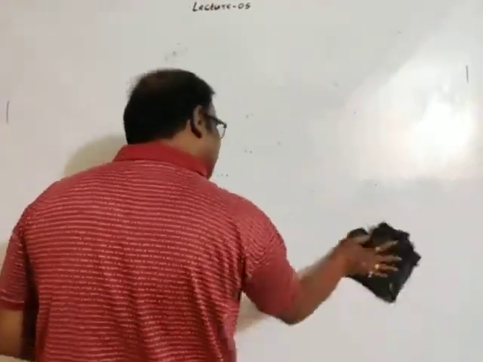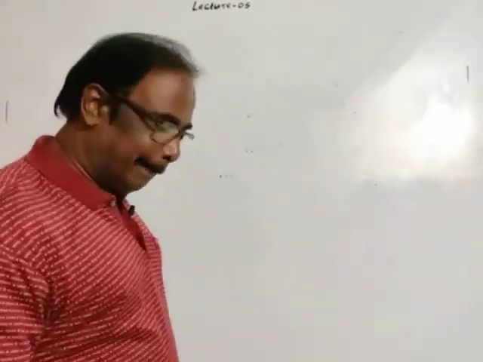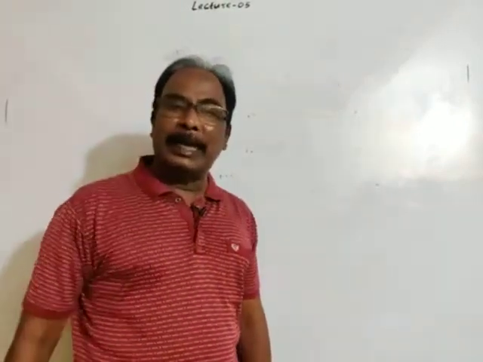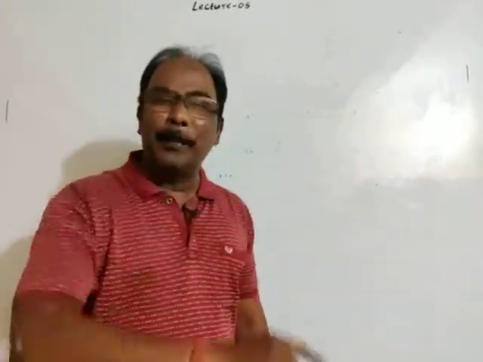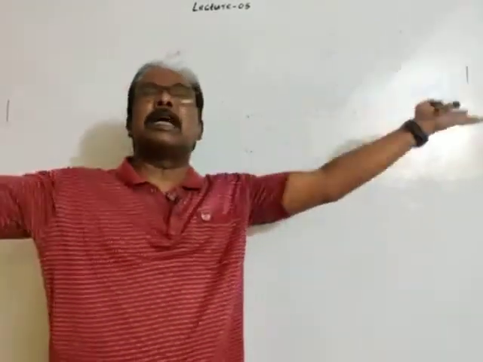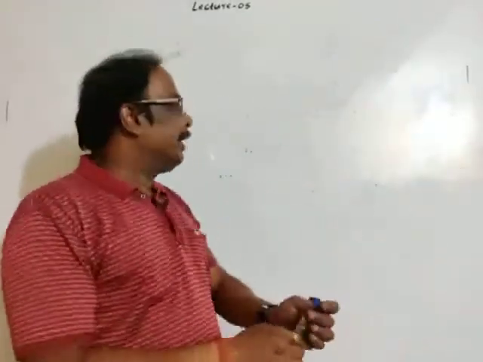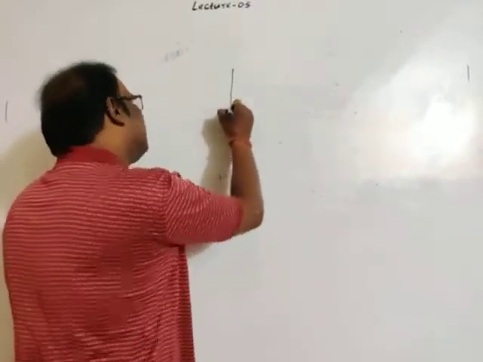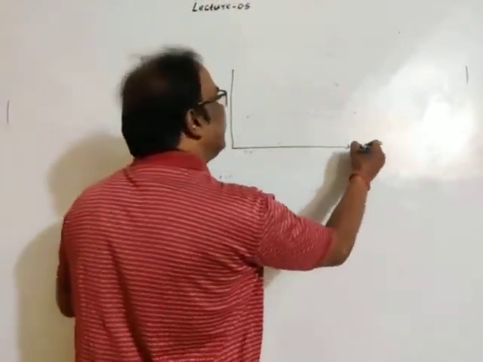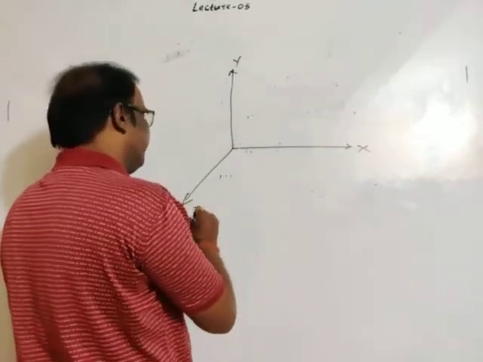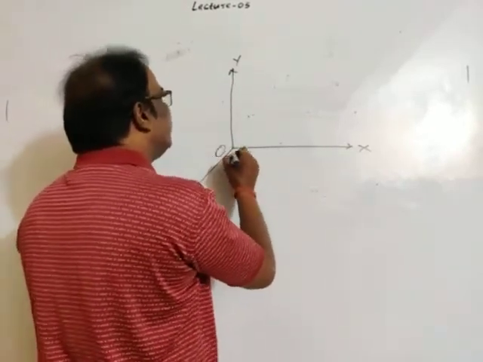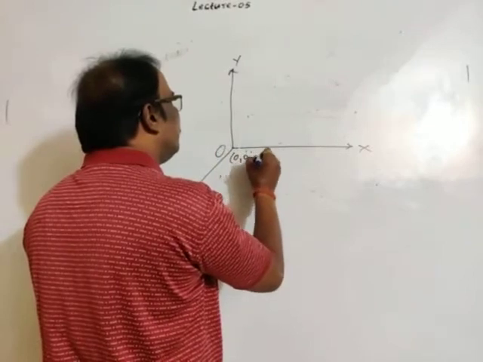Now another concept: we consider the electric field with respect to the origin, meaning in the Cartesian frame. Let's consider this is the origin of a coordinate system, x, y, z, with origin 0, 0, 0.